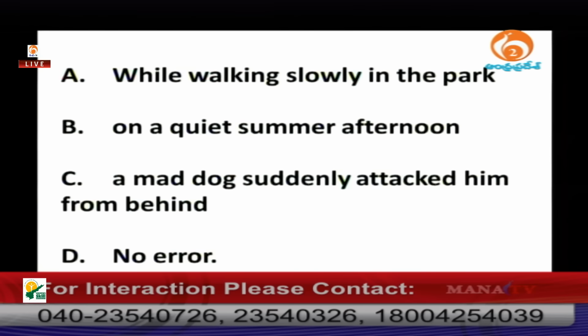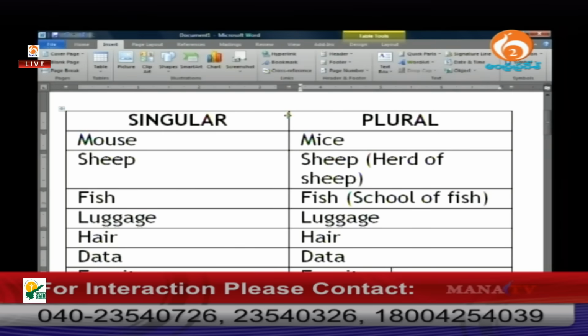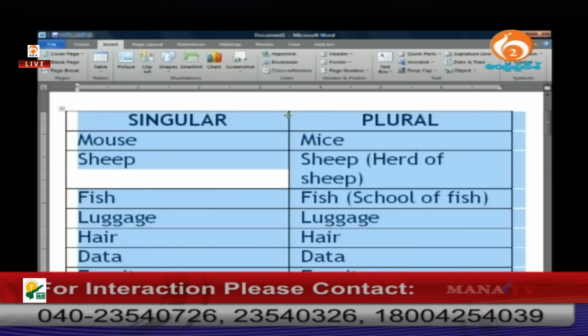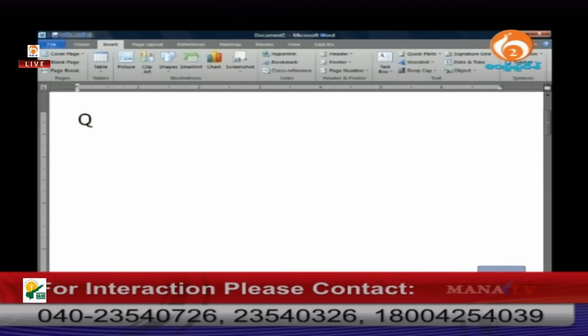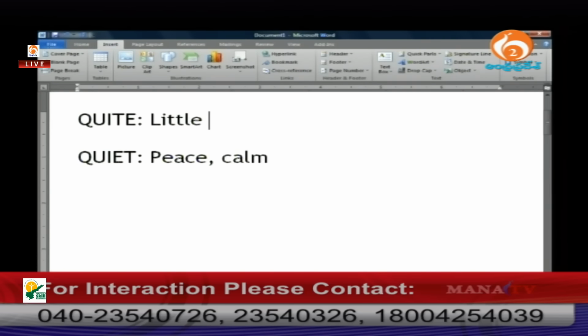While walking slowly in the park on a quiet summer afternoon, now when we talk about quiet, let me talk about this as well. We have two words, quiet and quite, both pronounced differently. Quiet means peace, calm. Quite means little.